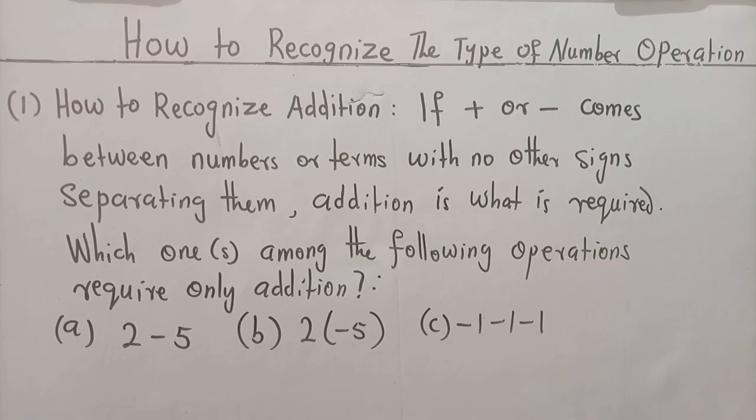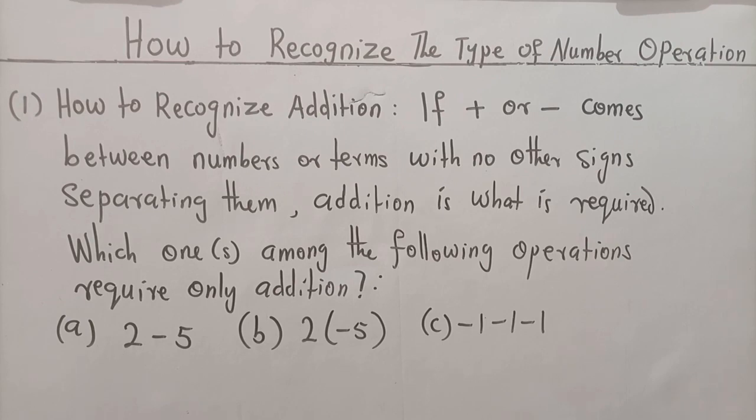Then this minus, for instance, is the only sign between this 1 and this 1. Nothing else separates them. Therefore, as before, we conclude that what is required here is addition. It means I'm owing 1, I'm owing 1, I'm owing 1. Combine them. That is, add all the things you are owing.